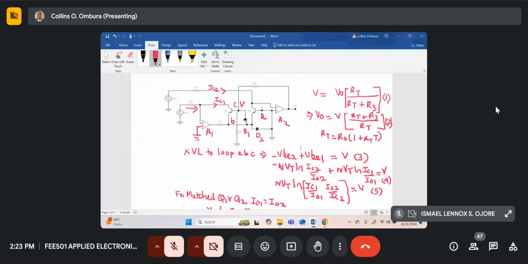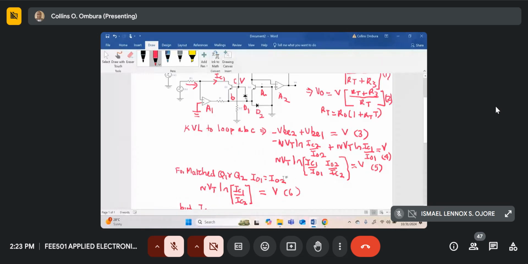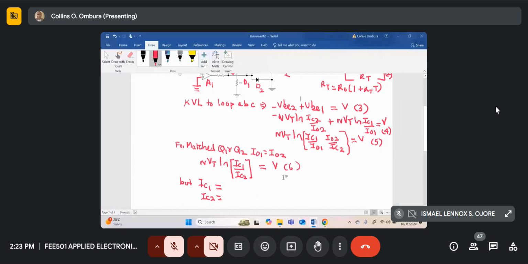So we can substitute for these values. So IC1 in fact is VS1 over R1. Let me just put this other one here so you got more space.